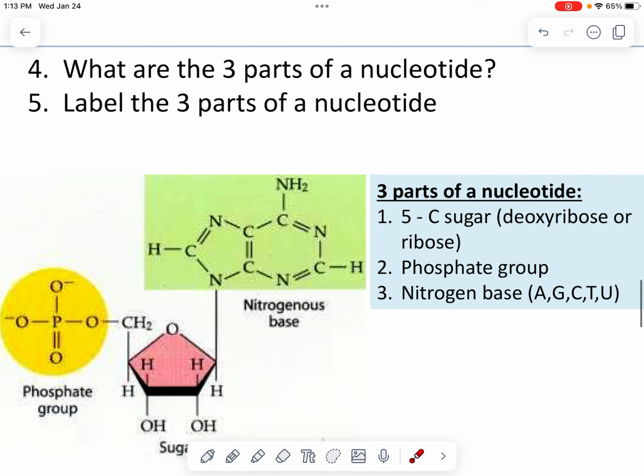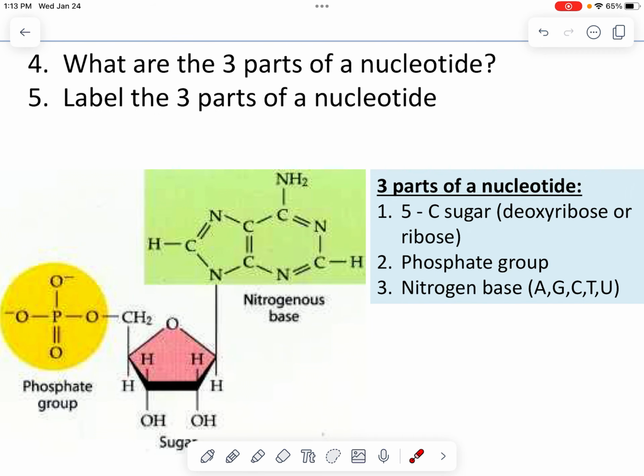So let's look at a nucleotide. What are the 3 parts of a nucleotide? And then it tells you to label them on the picture below. So here's what you fill in on your notes there in the 3 blanks. What are for number 4? So the 3 parts of a nucleotide: a 5 carbon sugar. That's what the C stands for, just in case you don't know.